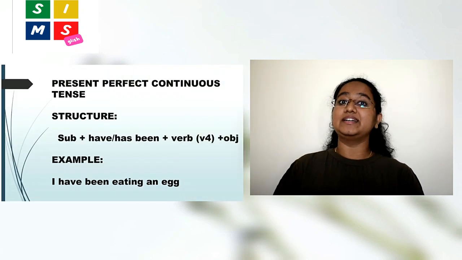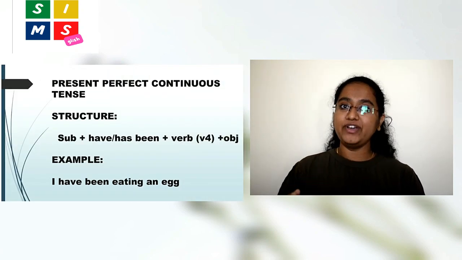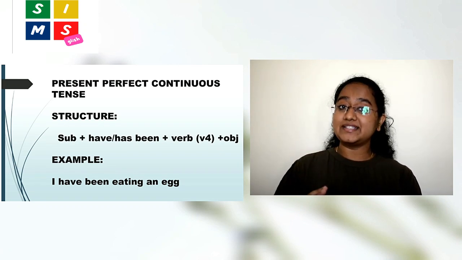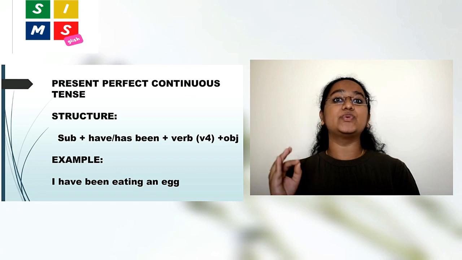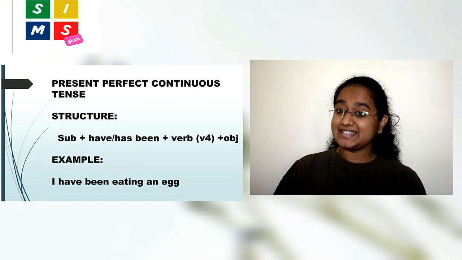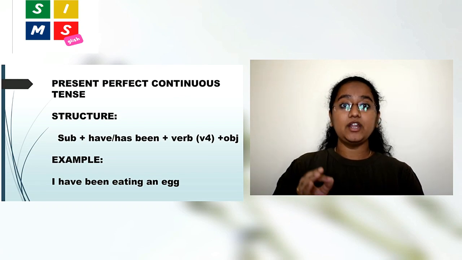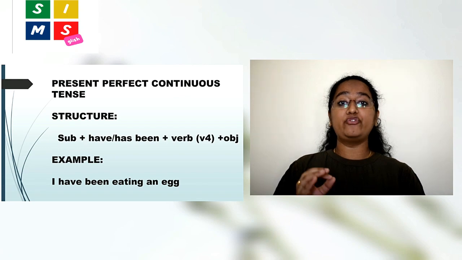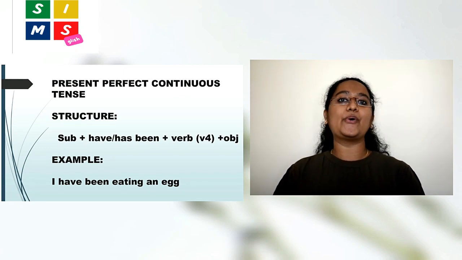Now we will move on to the last one, that is present perfect continuous tense. And the structure for present perfect continuous tense is subject plus have been or has been plus V4 plus object.